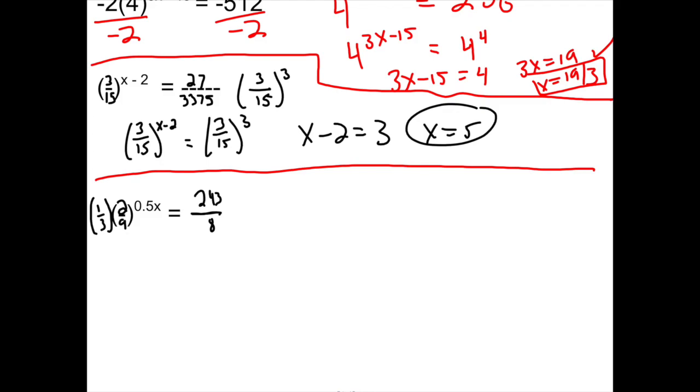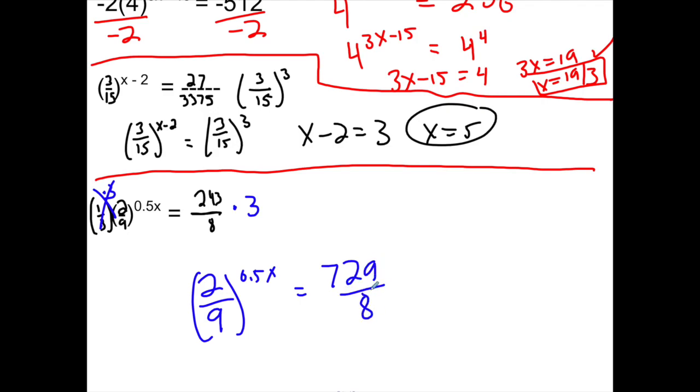Here the major difference is you need to start by multiplying first. So multiplying by 3 cancels that. Multiplying by 3 here gives you 2/9 to the 0.5x equals 729 over 8, because 243 times 3 is 729.